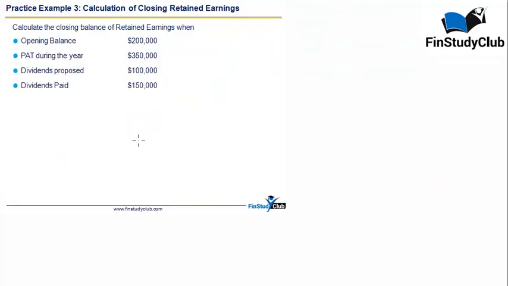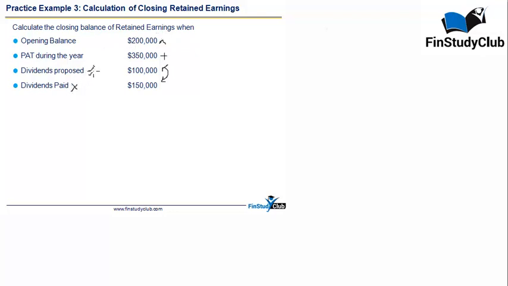Let us talk about the third example, where we will focus upon the calculation of the retained earnings. The opening balance was 200,000, and during the year the profit earned has been 3,50,000. Now, dividend proposed and paid are two different figures. The objective of this question is to clarify that whenever we talk about retained earnings, I will not consider dividend paid.